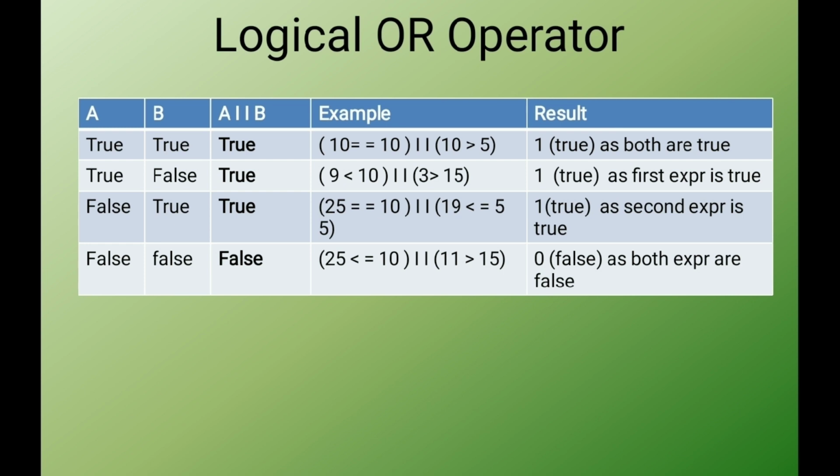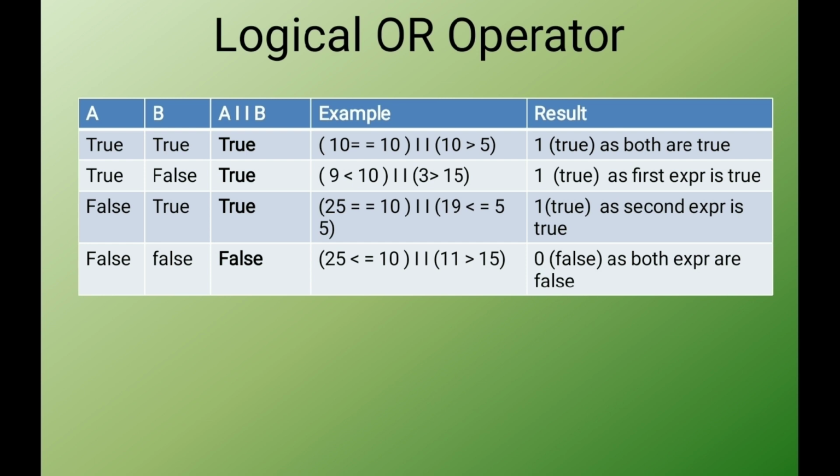Next, the logical OR operator. The logical OR operator is also a binary operator, and it works just like the logical AND operator. It is used to evaluate two expressions and obtain a single result in the form of true or false. It performs the Boolean logical OR operation in Java.